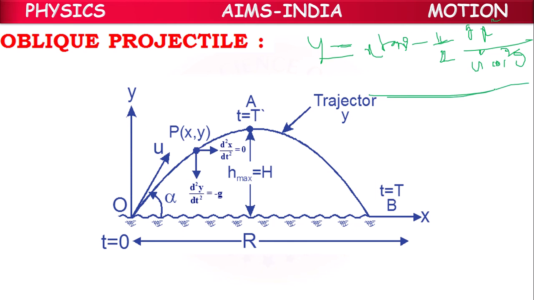This is the equation of trajectory, in the form of ax minus bx square.